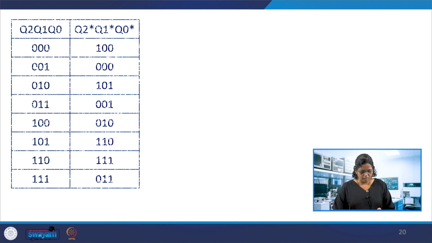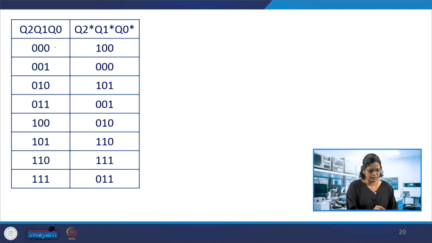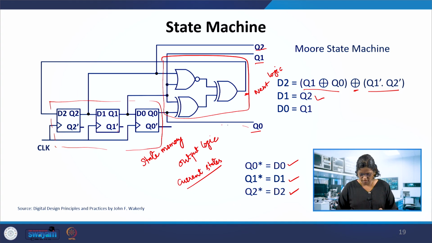From this we can have Q0, Q1 and Q2, which is the state. We have three bits, so there are 8 combinations of it, and Q0 star, Q1 star and Q2 star are calculated here using D0, D1 and D2.